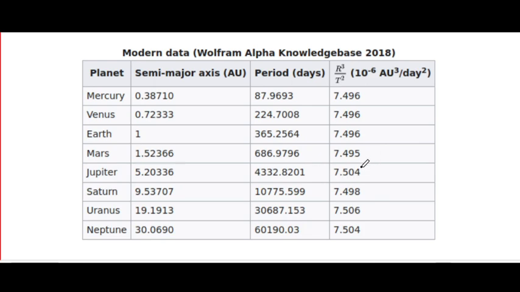Saturn is more, but not that much more. Now, what might come as a surprise is that Uranus and Neptune, both of which are actually lighter than Saturn, have values for this constant which are larger or comparable to even Jupiter. But that actually tells us that the two-body problem is not the end of the story for the solar system.